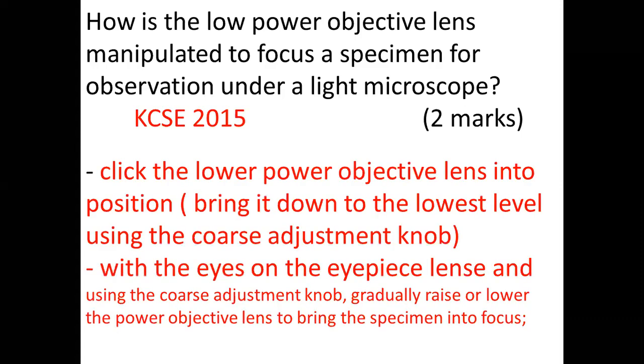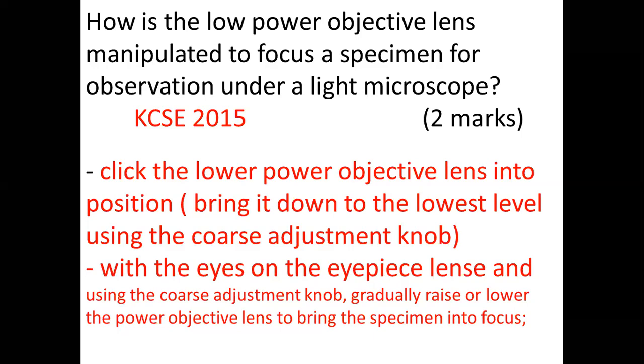Now, in the interest of time, look at this statement. Click the low power objective lens into position. Yeah, bring it to the lowest level using the coarse adjustment knob. With the eye on the eyepiece lens and using the coarse adjustment knob, gradually raise or lower the power objective lens.